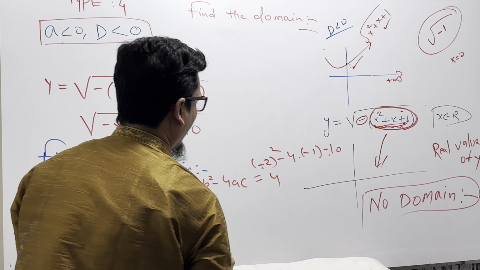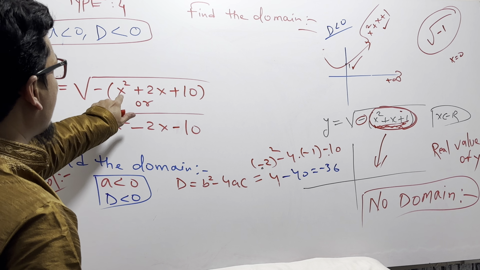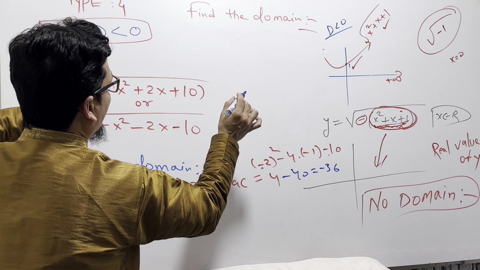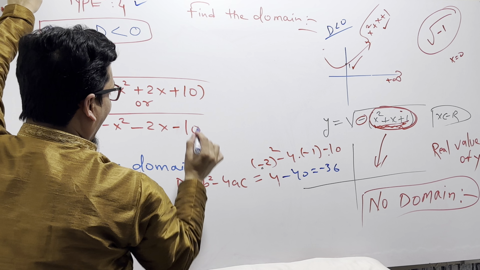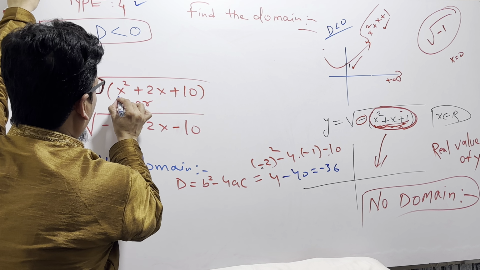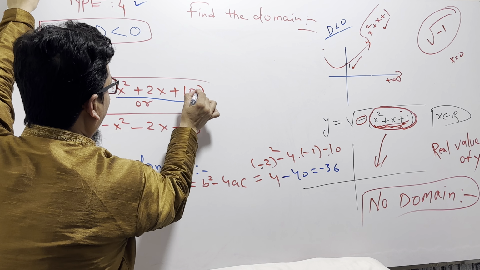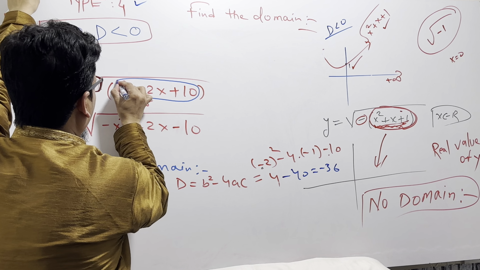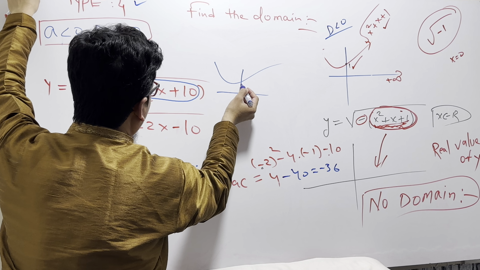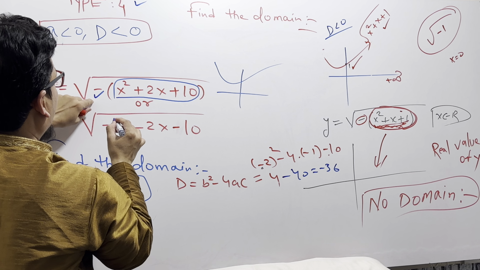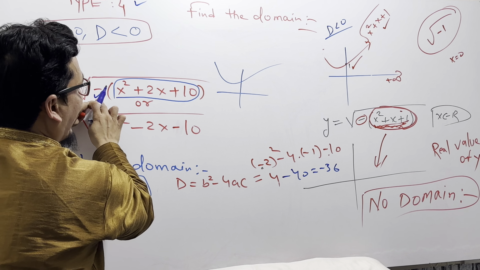It means you can say d is what? Less than 0 and a is less than 0, right? This is your graph. I said to you in my type 3 that whenever you have this graph, the graph is always up, something like this one, and you always have a positive value of y. But whenever you have a minus, in type 4 you have a minus side, right?